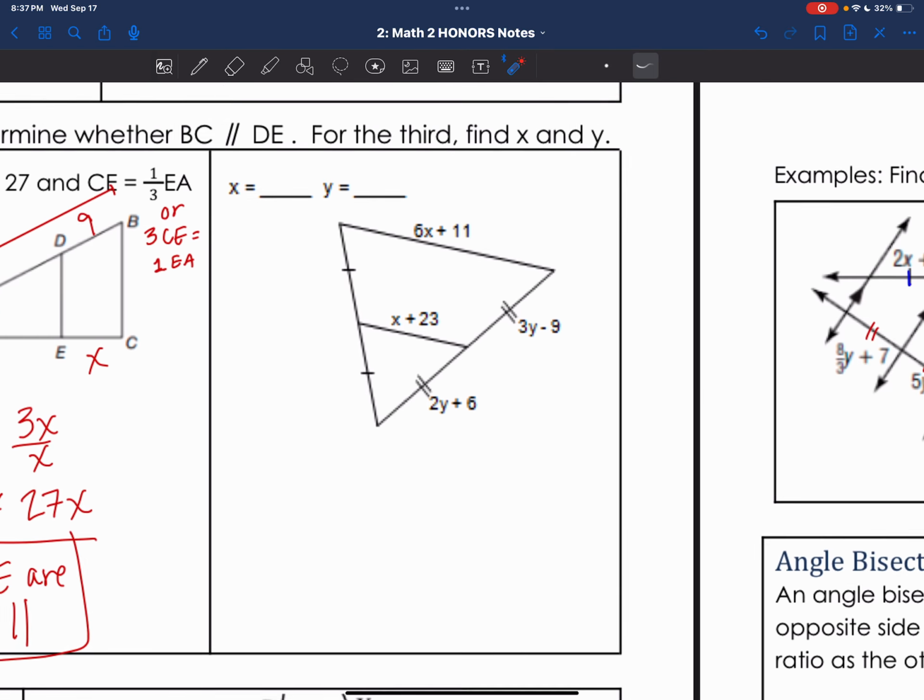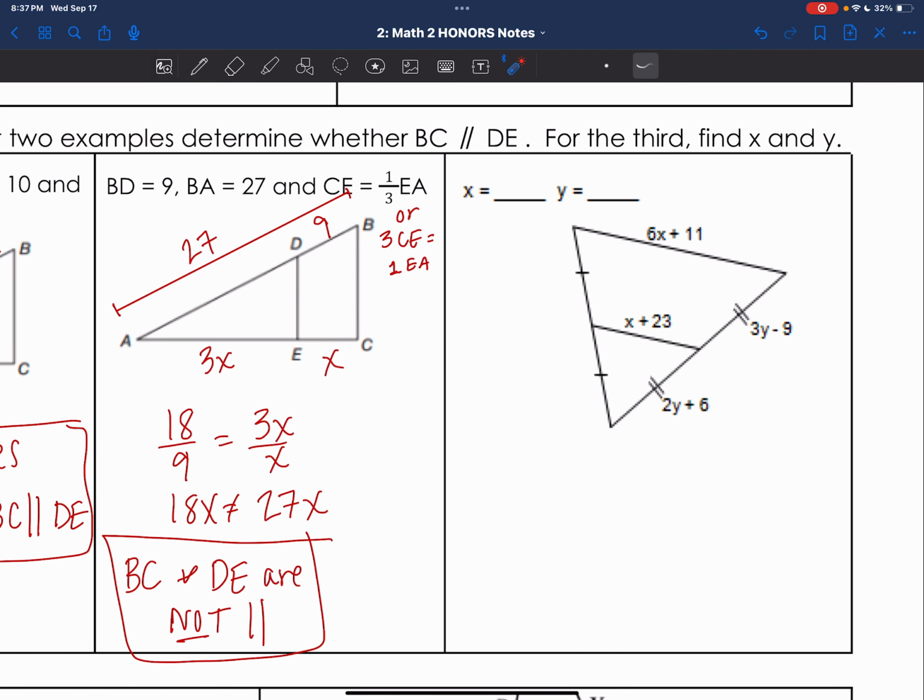All right, I want you to try this one. And again, think of what sides are proportional. So we want to know if these are parallel. Well, you can still use this as proportional. So we're looking here to see if they're parallel, but you can go this over here, this.